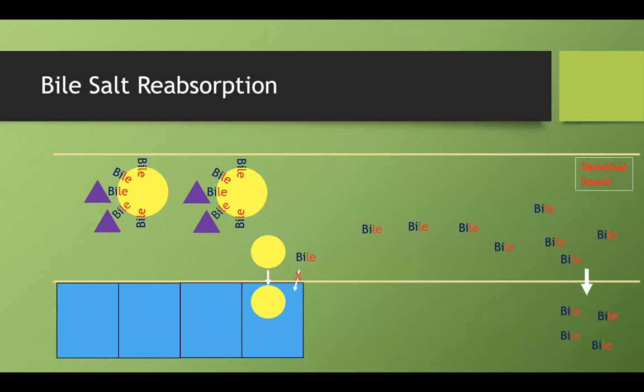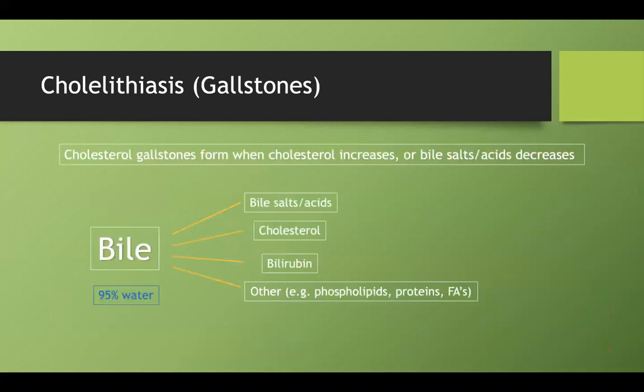The problem, though, is that if our terminal ileum is damaged in a condition like Crohn's, you're going to lose this ability to reabsorb bile. And so you're not going to get any more bile. You'd have an overall deficiency in bile salts and acids, and you can get cholesterol gallstones.